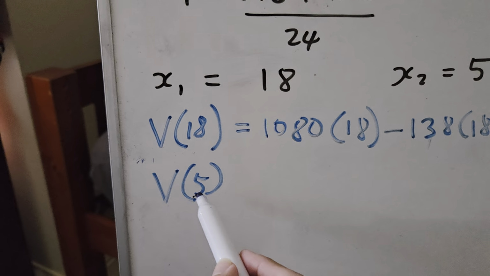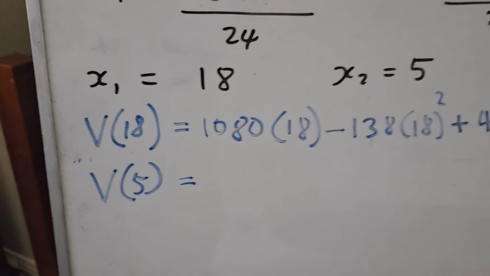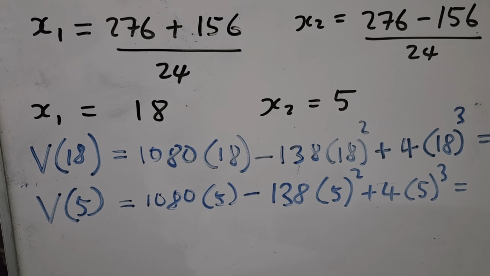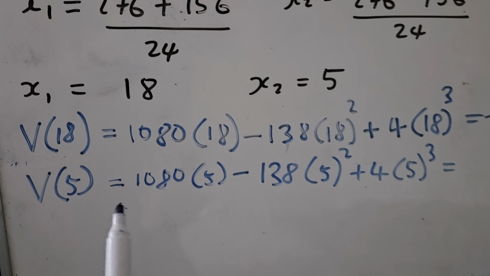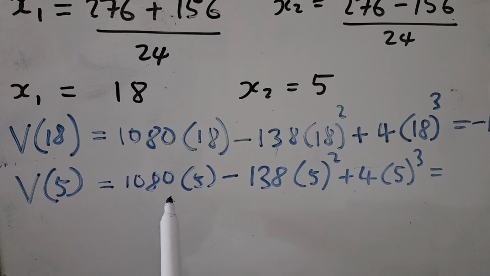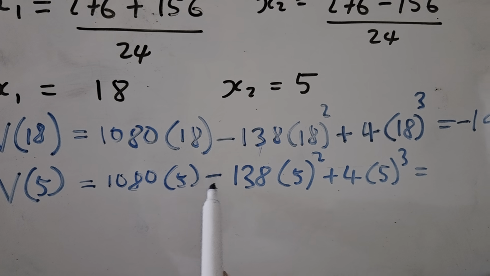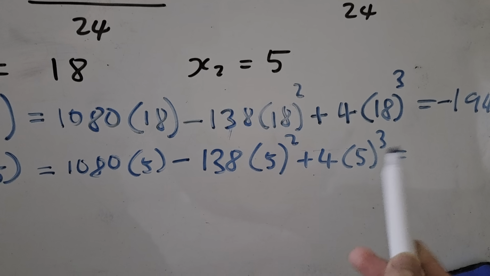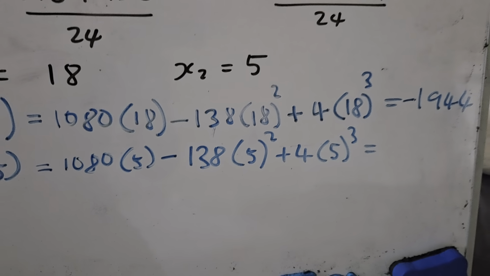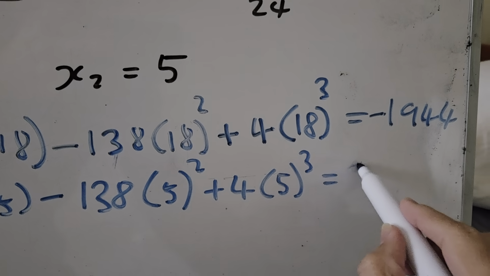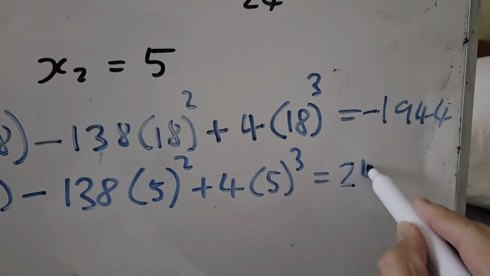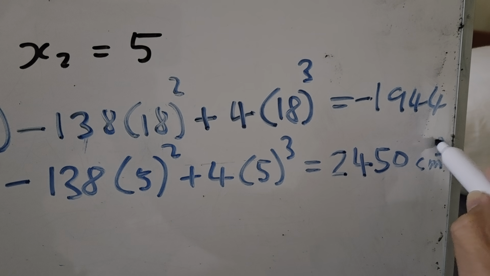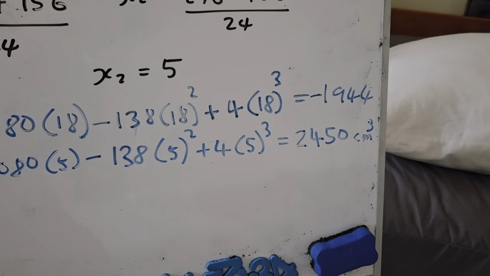Now we substitute 5 in the original volume formula: 1080 multiplied by 5 minus 138 times 5 squared plus 4 times 5 to the power of 3. We get the volume equal to 2450 centimeter cubed, both of them in centimeter cubed.